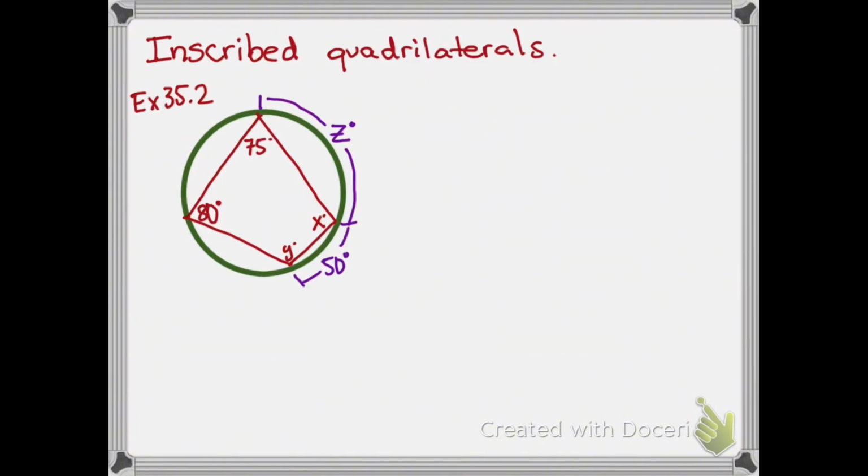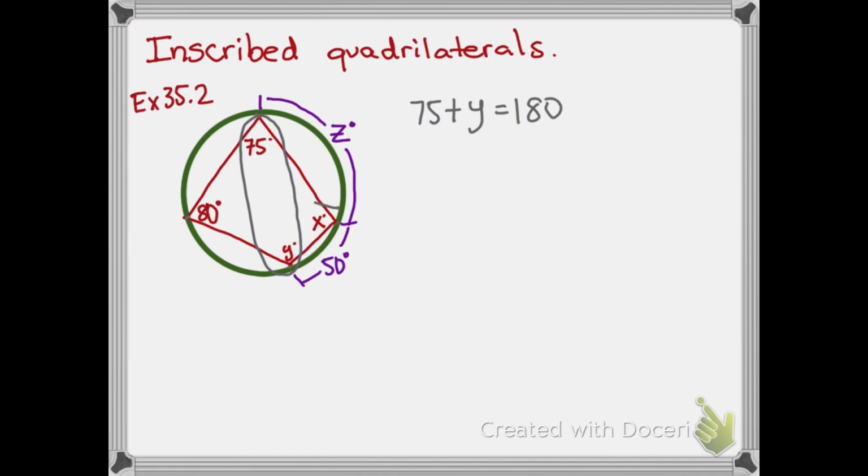Now the second part of the lesson is about inscribed quadrilaterals. Those are quadrilaterals that have all 4 vertices on the circumference. And what we should know about these is that the 2 opposite angles are going to add 180. So 75 plus y equals 180.